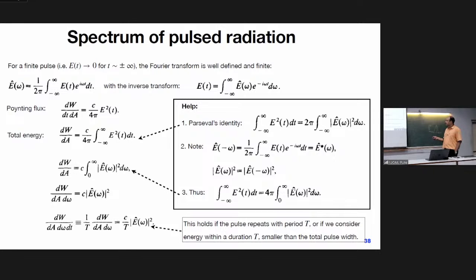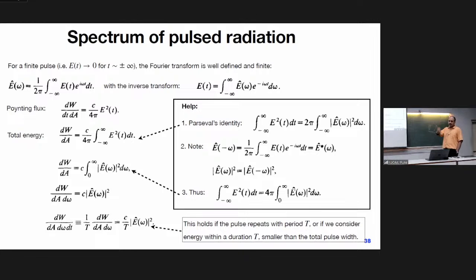So this is the integral in the spectral domain, frequency space. If I want to find the spectrum, it means energy per unit frequency. I take a derivative of this, or just take one small integral over a small region. So dW by dA d omega is c times E(omega) whole squared.